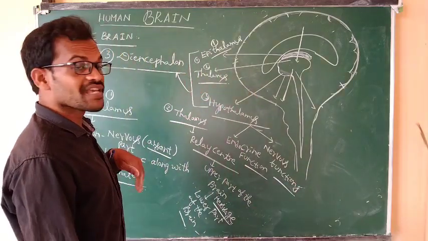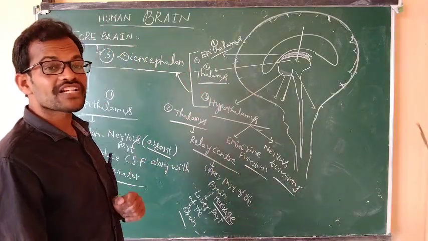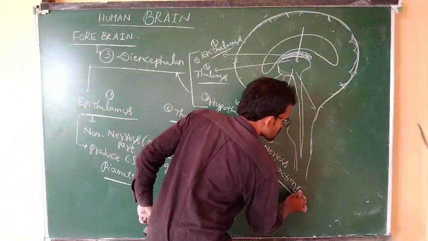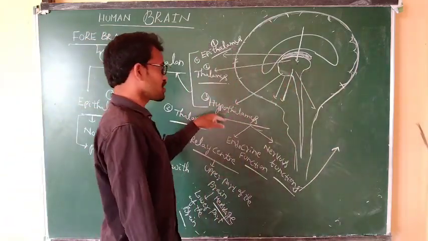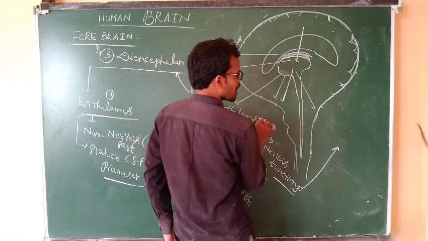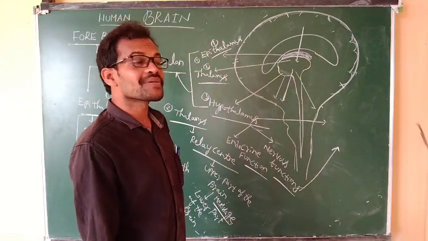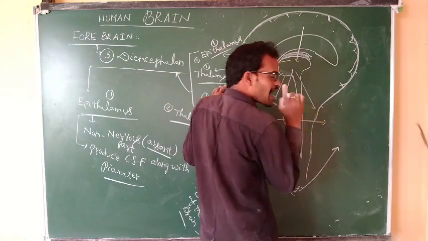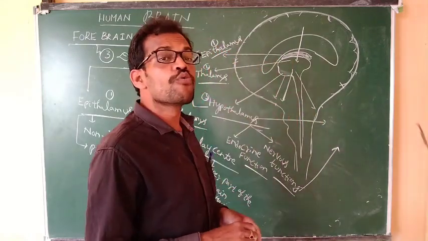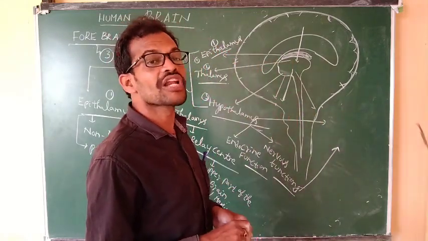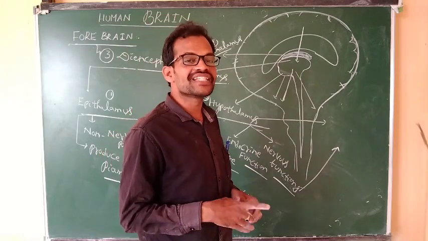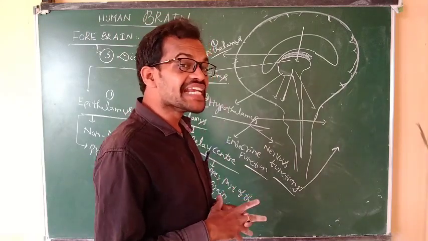What is the function of the nervous functions of the hypothalamus? The hypothalamus is also the thermostatic organ, responsible for thermoregulation, keeping our body temperature at 37 degrees centigrade.